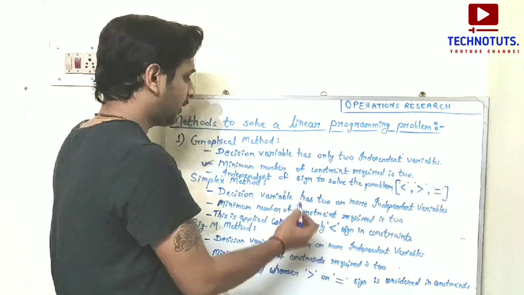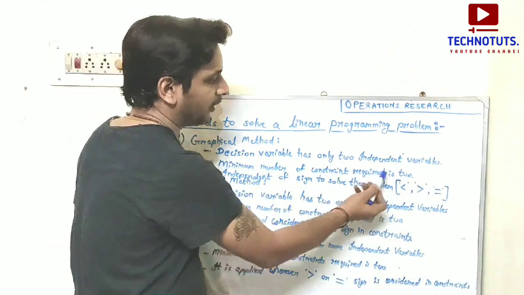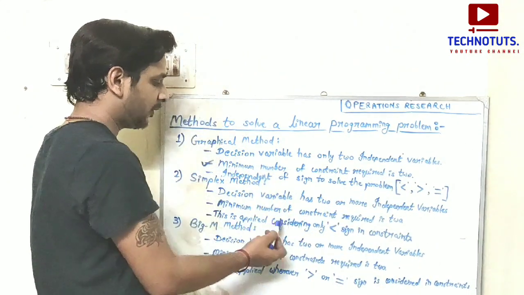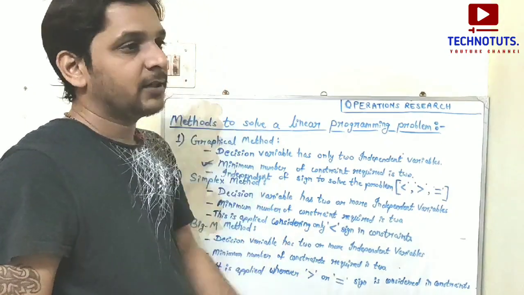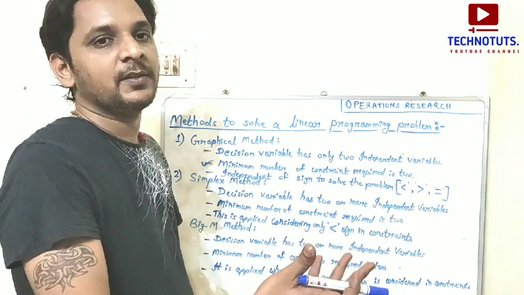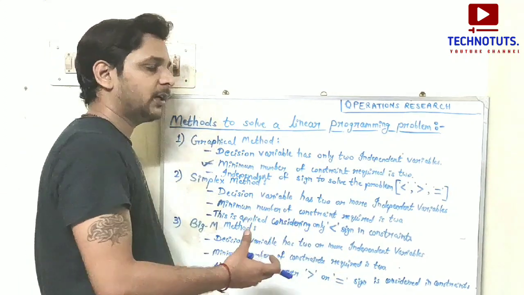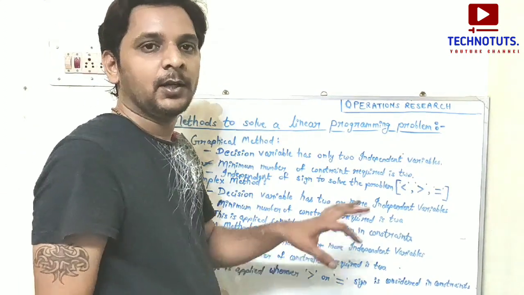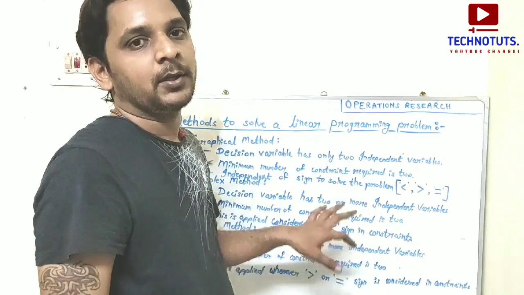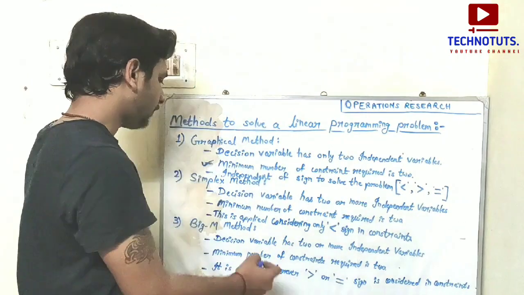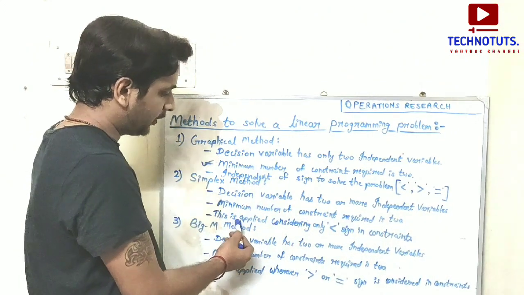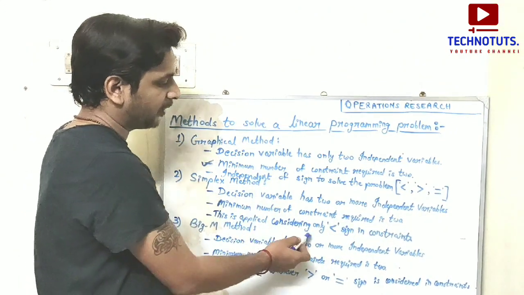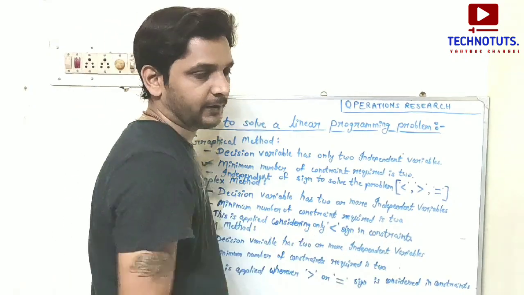In the graphical method also the minimum number of constraints required is 2, so this point is the same for all the methods. What is a constraint? The constraint is the limit of the set of equations, the boundary limit for the main problem of the LPP. Now, the simplex method can be applied considering only the less than sign in constraints.